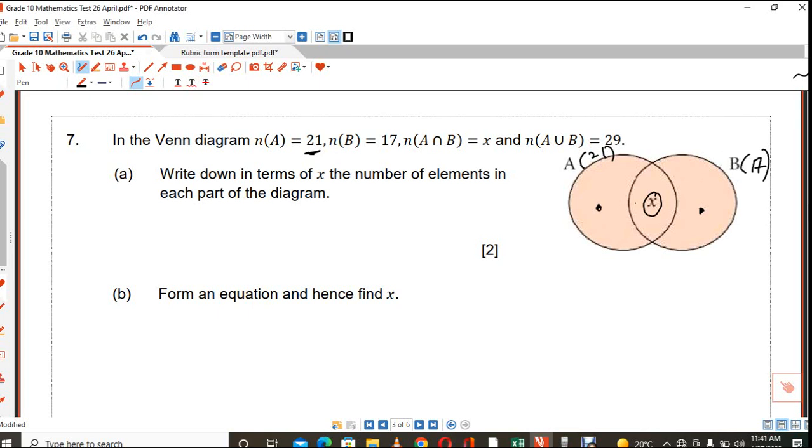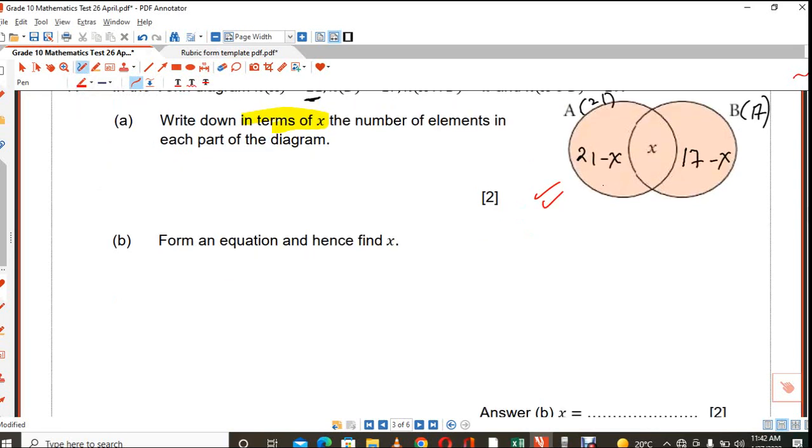So you can't write 21 and 17 there because then it will be more. The question says write your answer in terms of x. That means your answer must have an x. You're just supposed to say this one here will be 21 minus x. That's what that region will be. This one here will be 17 minus x. For doing that, you get 2 beautiful marks.